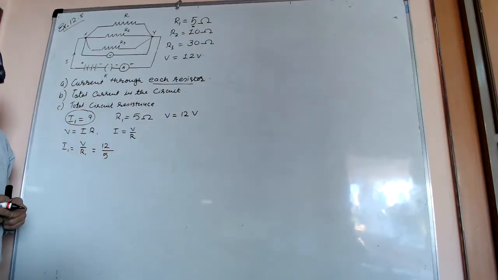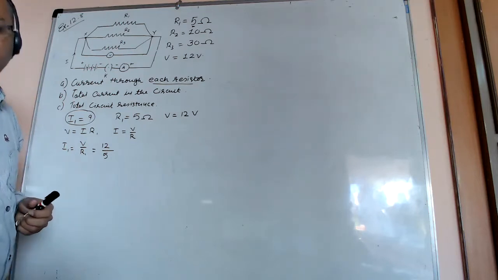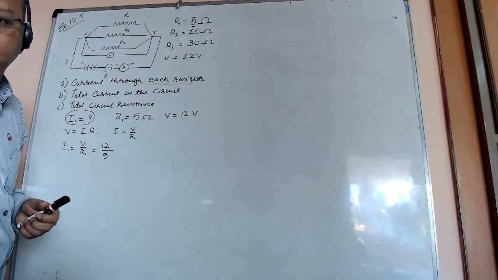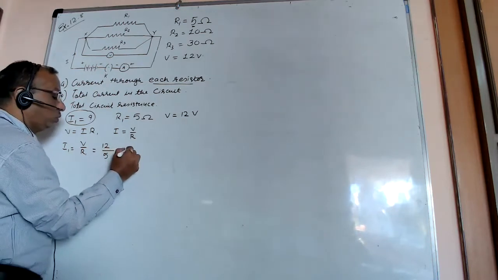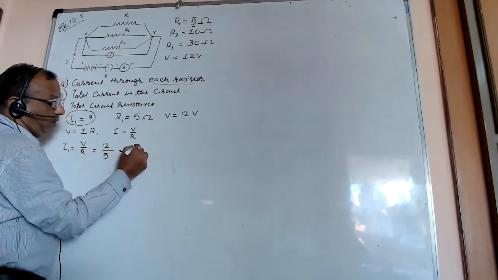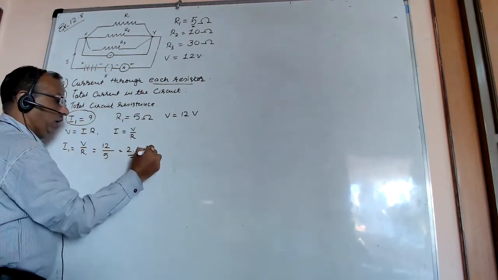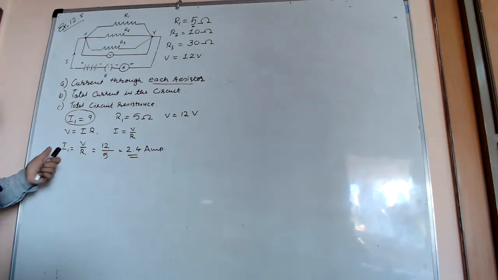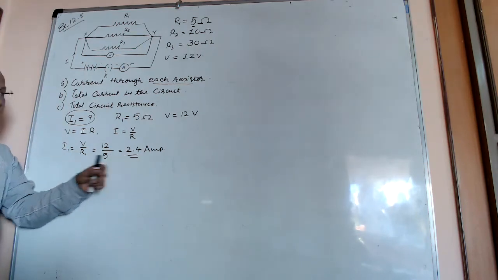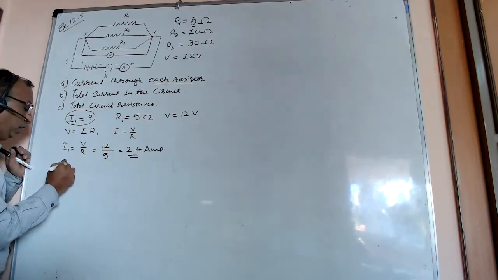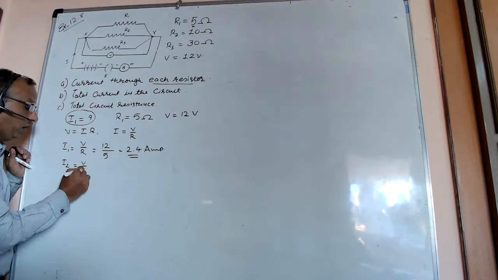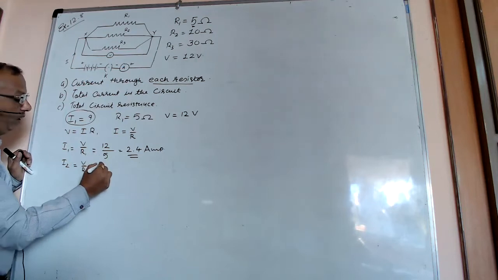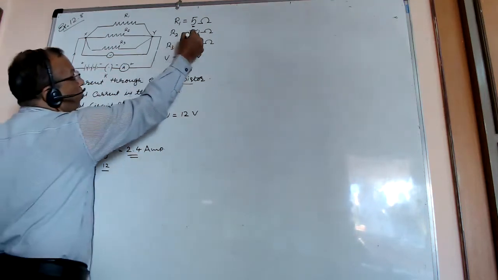So I am putting here 12 volts divided by the first resistor, 5 ohm. So 12 by 5, the answer is 2.4 ampere. The unit of current is ampere. Similarly, to find I2, it's V by R2, that is once again 12 volts by R2.